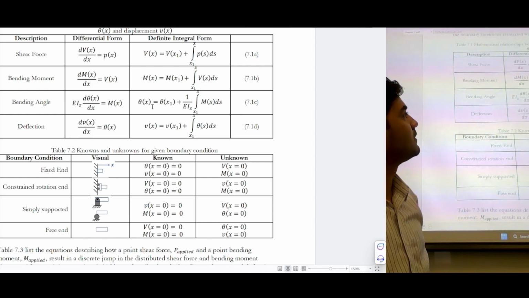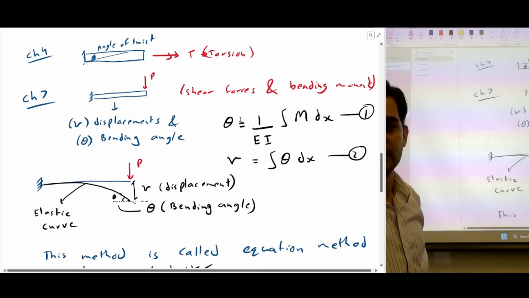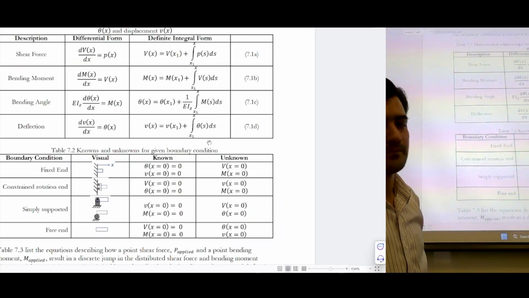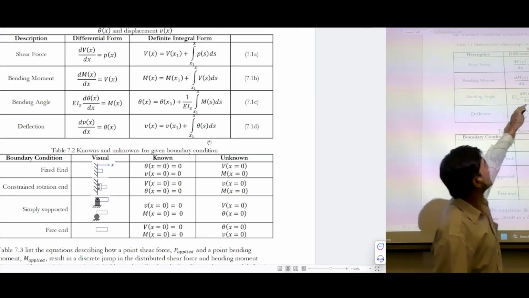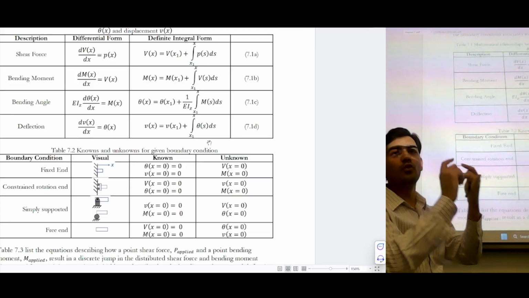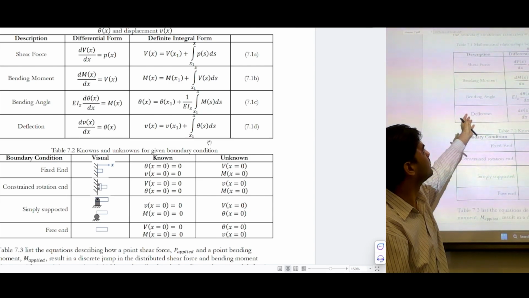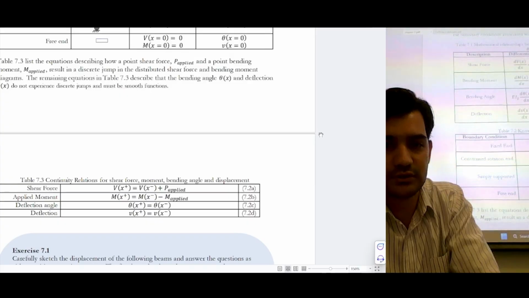If you integrate bending moment, you get bending angle, and if you integrate the bending angle, you get displacements. Similarly, you can differentiate the deflection and you will get bending angle. So you have relationships between all these quantities. If you know one, you can integrate or differentiate to calculate another. These two tables refer to this.